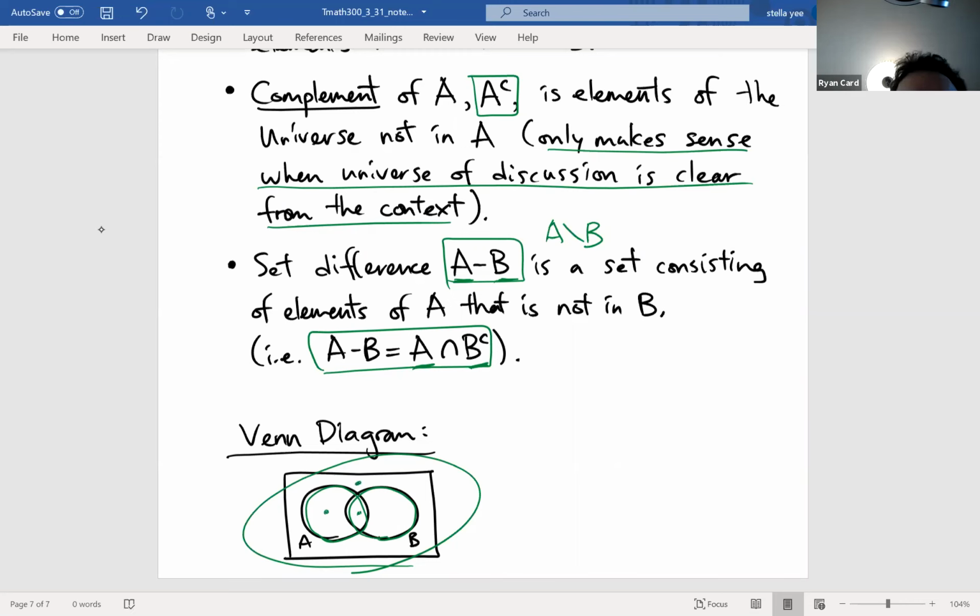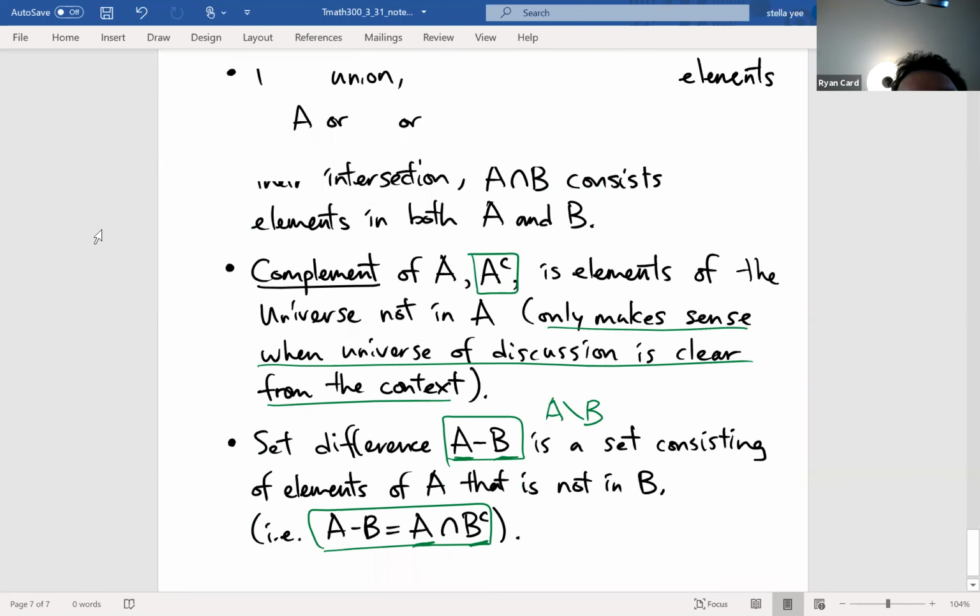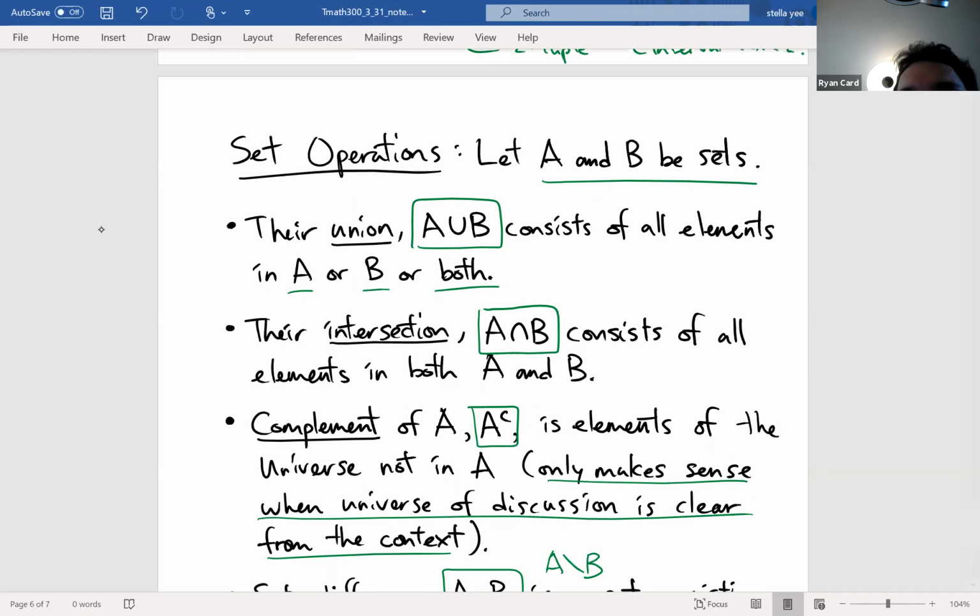So drawing from these concepts with a Venn diagram, if I'm talking about the union of A and B, that talks about everything inside of A, everything inside of B, and everything inside of both, right? So all of the shaded area corresponds to A union B. If I'm talking about the intersection, I'm only talking about this bit. So everything that's both in A and B at the same time. That's a smaller set.